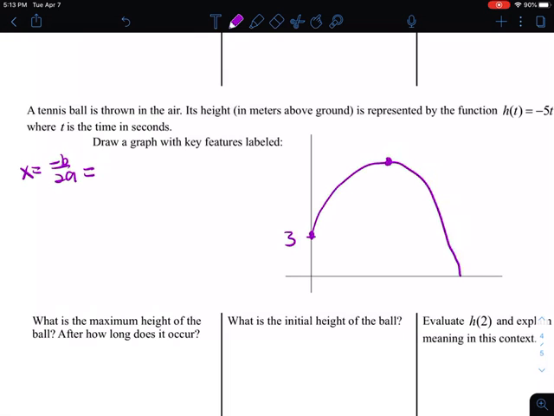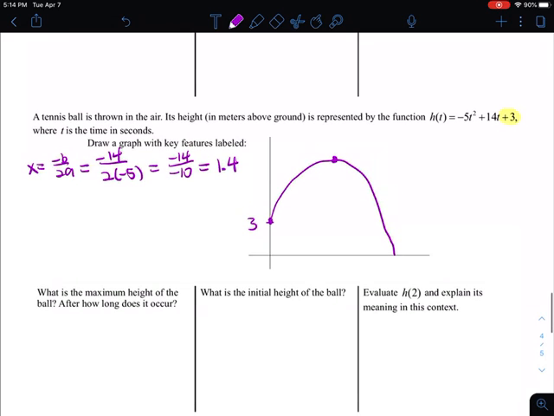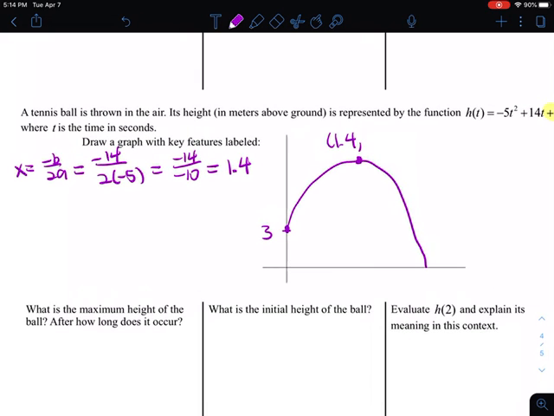Negative b over 2a. b is 14, so negative 14 over 2 times negative 5. Negative 14 over negative 10. I think I get a fraction here. I get 1.4 as my x value. Okay, so my vertex is going to have an x of 1.4.